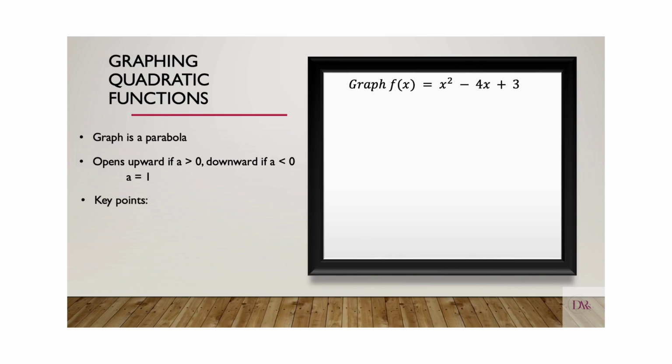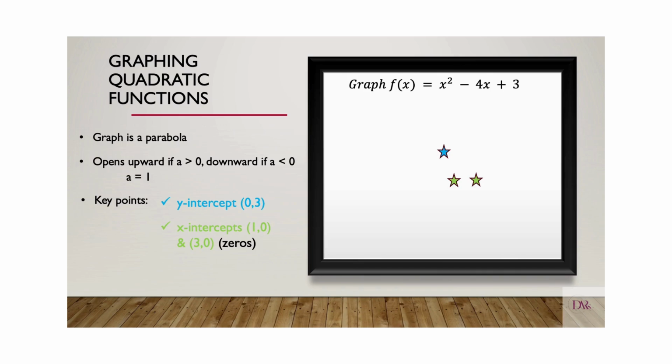However, there are key points we need in order to create this graph. The first key point is our y-intercept. The y-intercept in this case equals (0, 3). Next, we have our x-intercepts, or what we call our zeros or roots. In this case, we have (1, 0) and (3, 0).